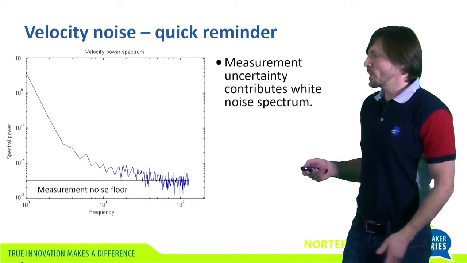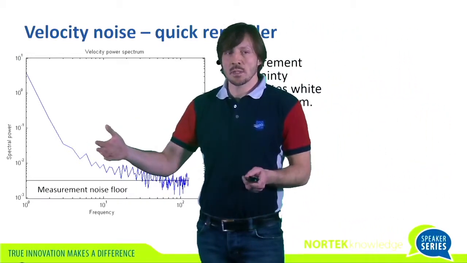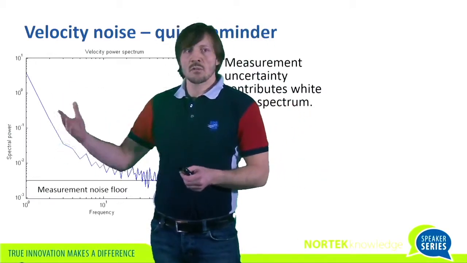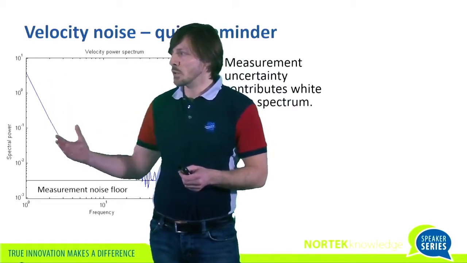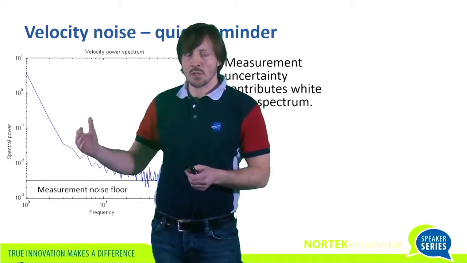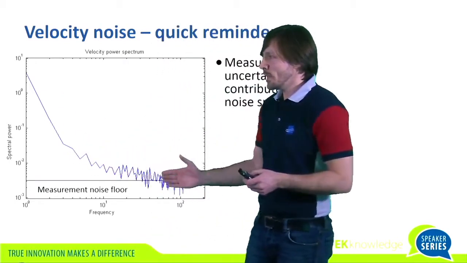And in the context of turbulence measurements, they typically look at a spectrum here. You will see the actual variations in the flow, the turbulence, at low frequencies. But as that energy dies down, following a linear scaling law in the log plot here, you will hit a noise floor.